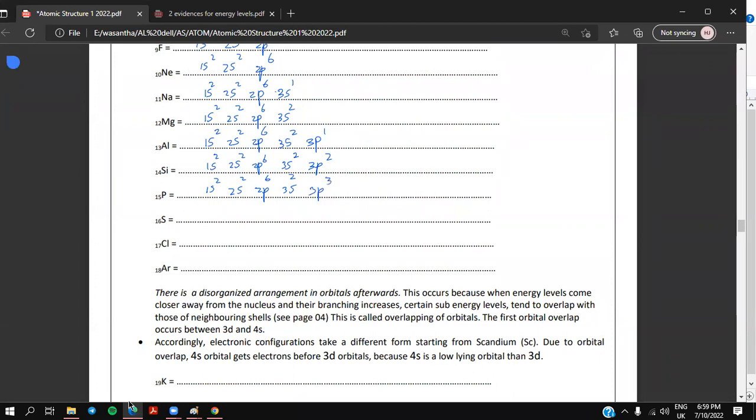Write each and every electronic configuration as a fresh one. For sulfur: 1s2, 2s2, 2p6, 3s2, 3p. There are 4 electrons remaining.